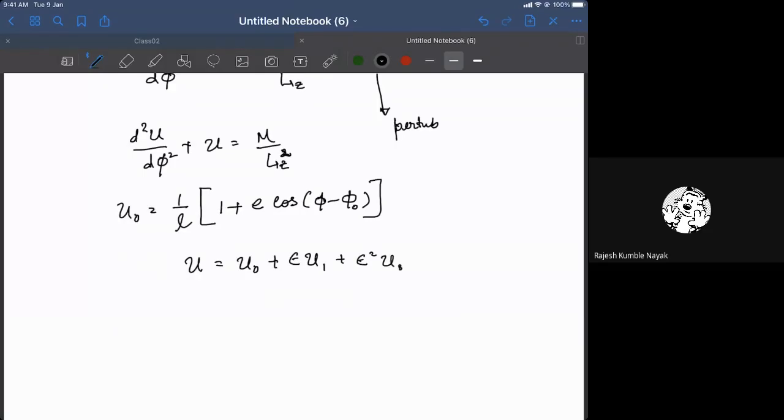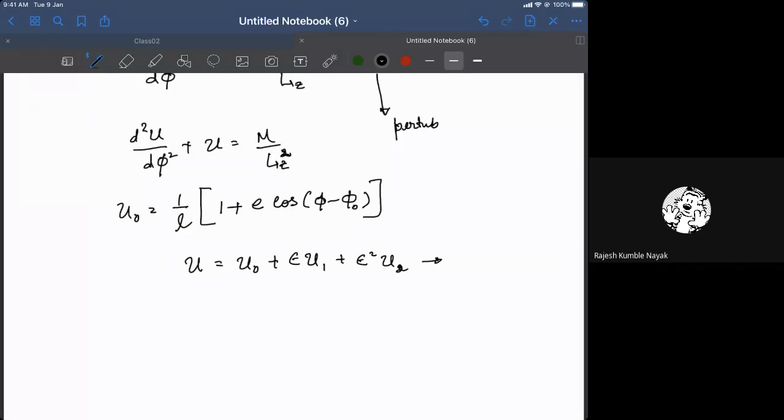We'll not do that because, as you have seen, it is the easiest when it is linear. After that it gets quite non-trivial, and then you substitute this and equate the various orders of epsilon.